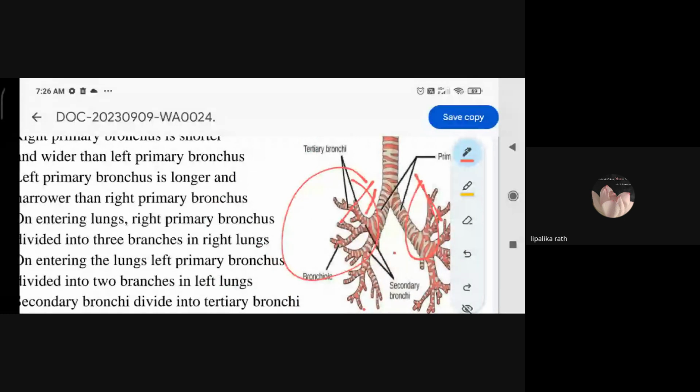It is divided here, and the right primary bronchus goes up to here only. But the left primary bronchus is from here to here. It is long and narrow, but the right one is short and wider.